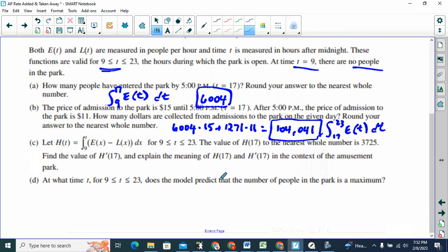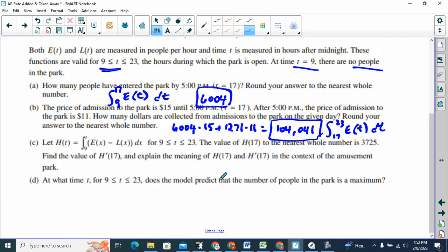Part C. Part C says let h of t equal the integral from 9 to t of E of x minus L of x dx. It tells us the value of h of 17 is 3725.